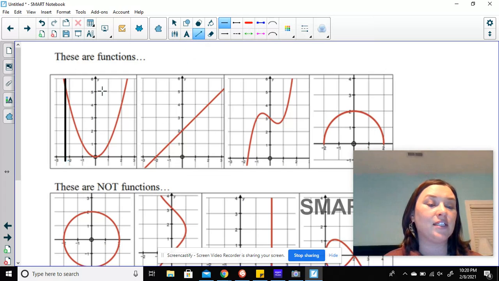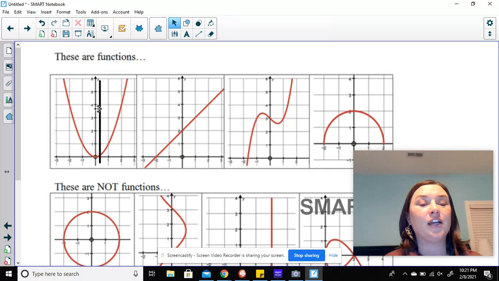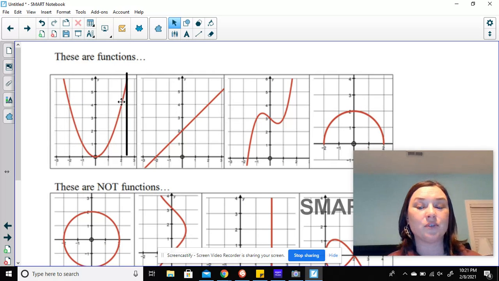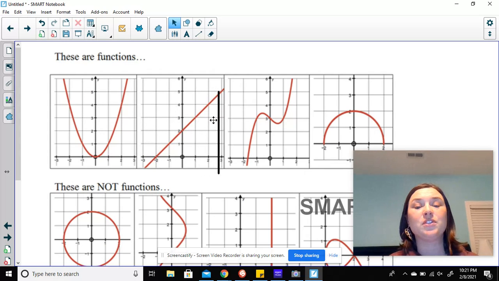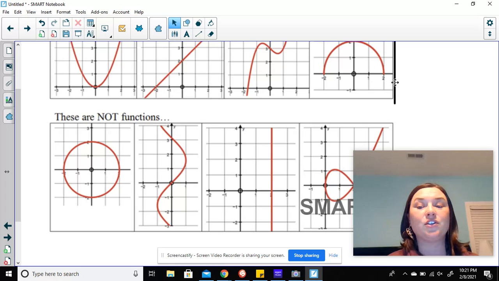The way the vertical line test works is there's a vertical line and you drag it from left to right across the graph, and it can never be touching the graph in more than one spot. So when I do this parabola here from left to right, it's never crossing in more than one spot. Same thing with this line, it's never touching that red line in more than one spot. Same thing here and with the semicircle. But when I bring that down to these, you can tell all of these are not functions.